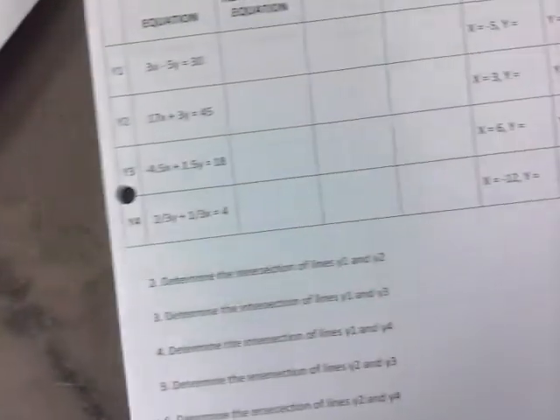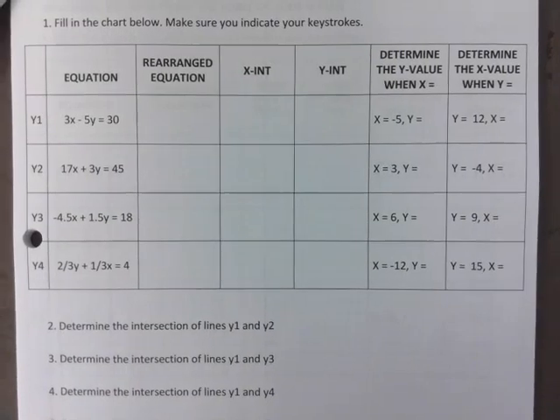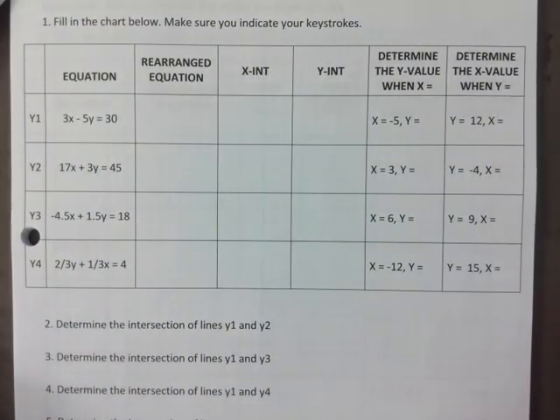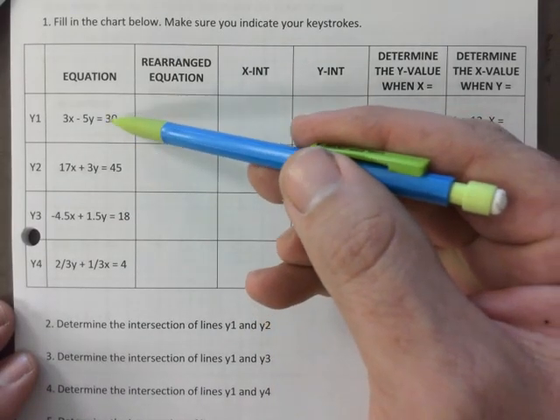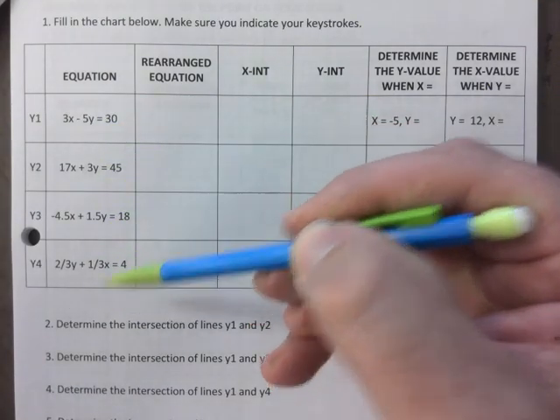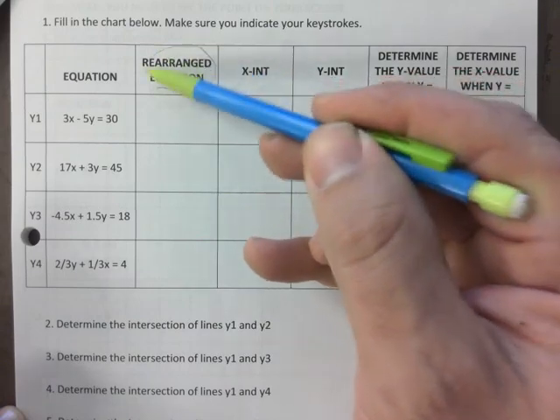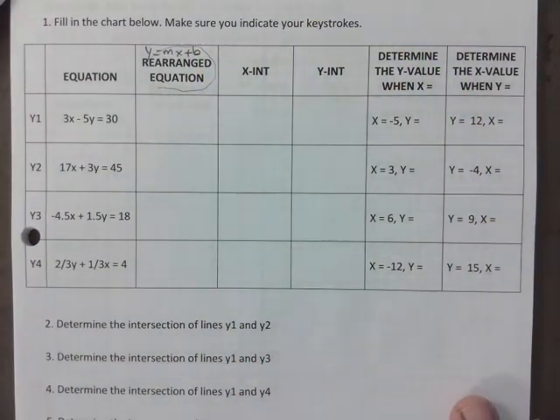I set up the stage here for you to do that. This is going to be your homework to fill in this, and you have some time. Watch this. How many lines are we considering in this system? 4. I want you to rearrange them all. So you're going to write them in this format, okay, if possible.